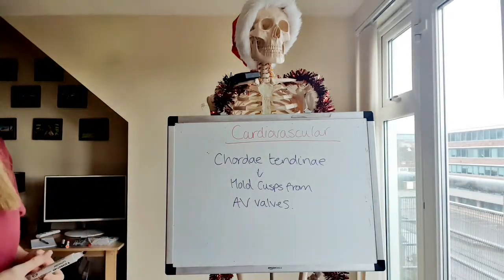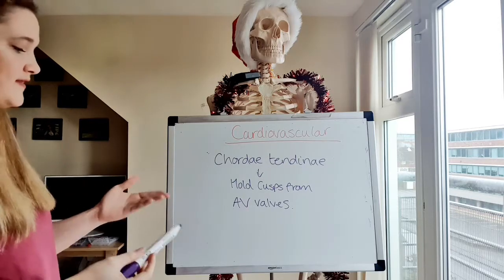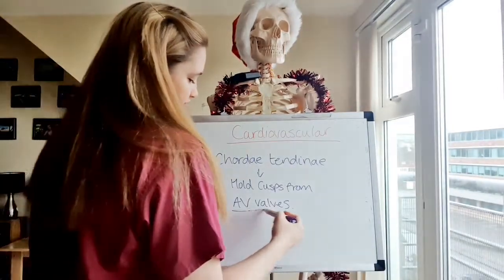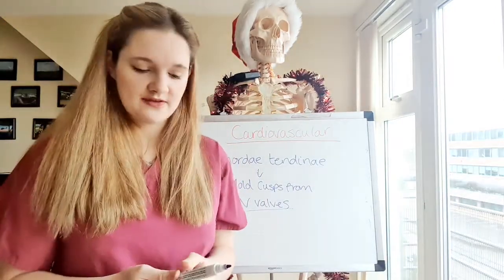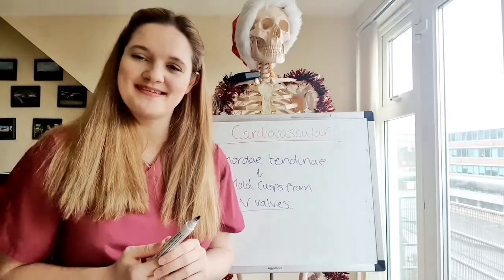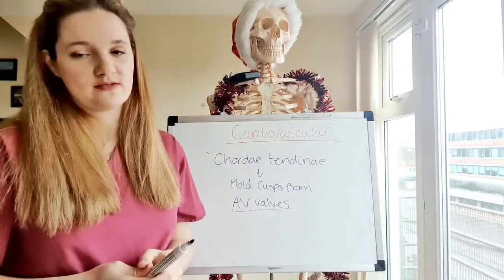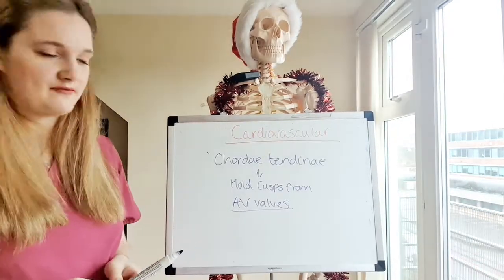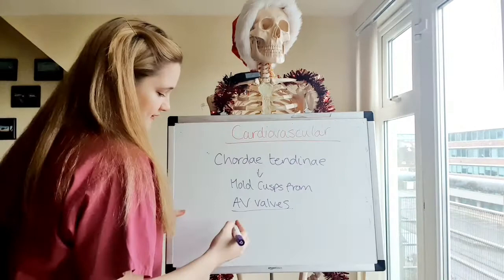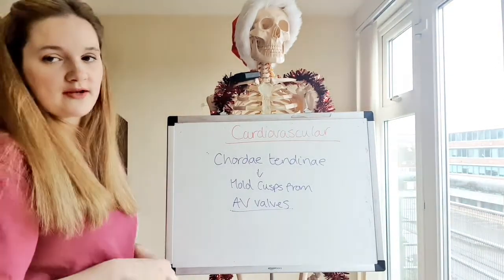They're very, very strong, and the purpose of those is to hold the cusps of the AV valves down. AV stands for atrioventricular valves. I know not everyone is going to be able to say that, but the atrioventricular valves, from the last whiteboard that we saw, are the mitral, or bicuspid, valve and the tricuspid valve. They are what sit between the atria and the ventricles, and you will also hear them referred to as the atrioventricular valves.